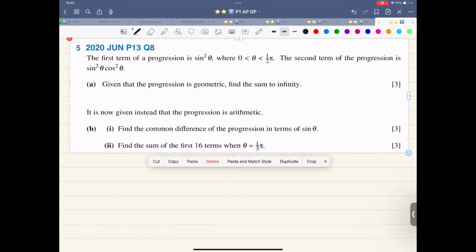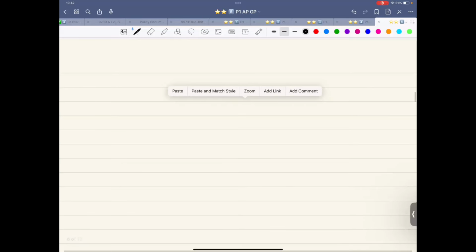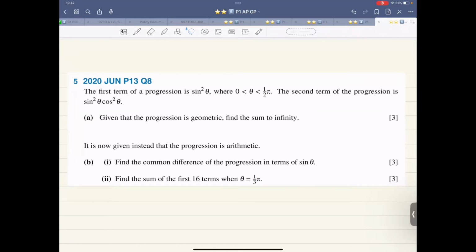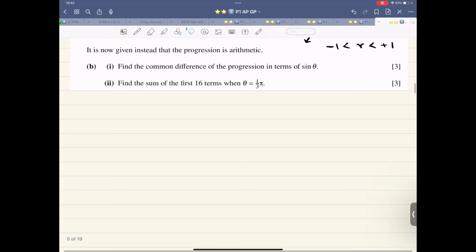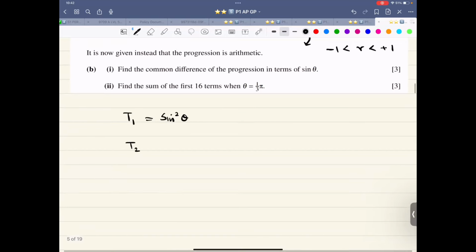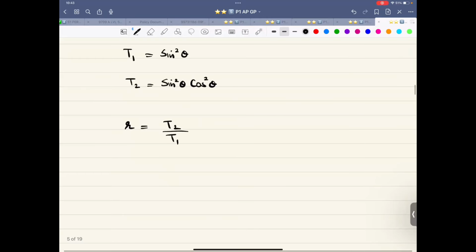Now, let me just copy this thing on the next page also. Now it says the first term is sine squared theta, T1. T2 is sine squared cos squared. Common ratio, T2 over T1, so we are left with cos squared theta.